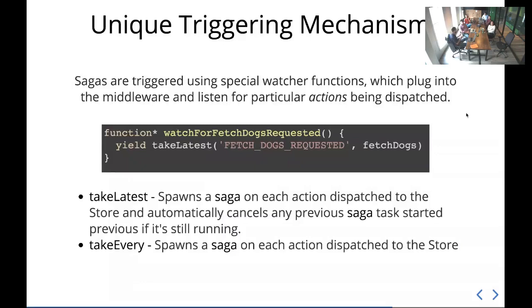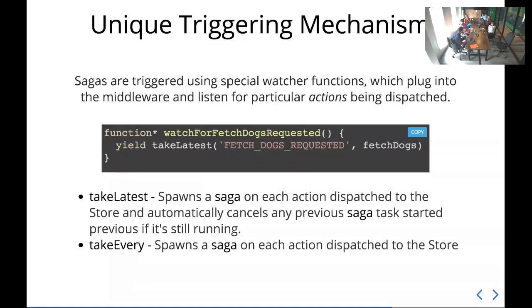For example, in our program, once you click, there's one action that doesn't actually carry any payload. All it has is its action type. Our Saga watches for that type to be triggered, and in this example, that type is fetch dogs requested. At this point, it triggers the actual Saga, fetchDogs.